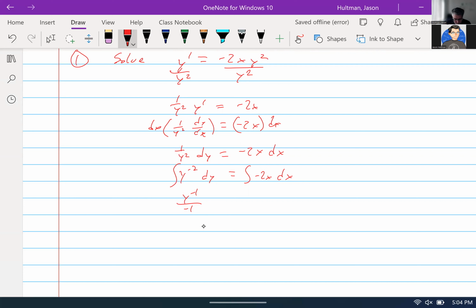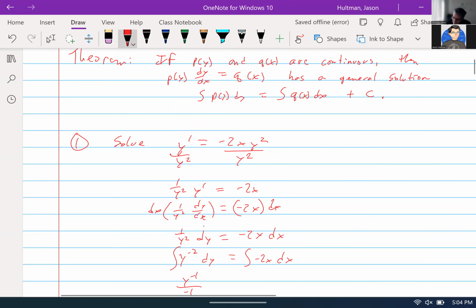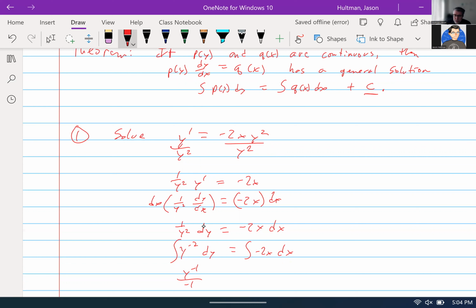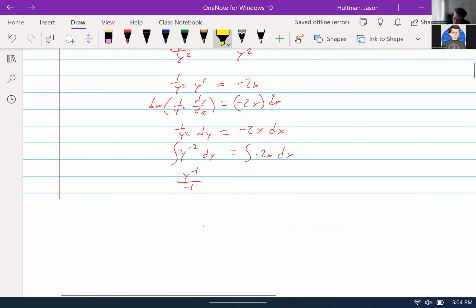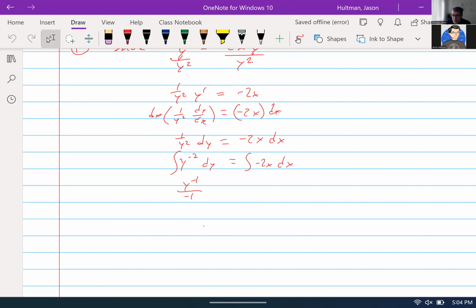And so we really only need one plus c. That's why in the theorem, we only end up with one plus c. The constants will combine at the very end to leave me with just one constant value.